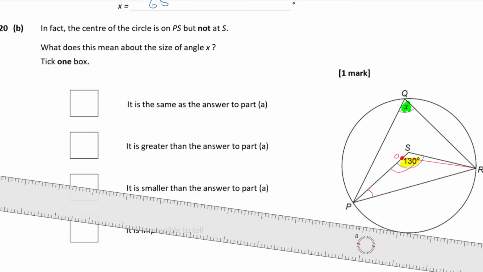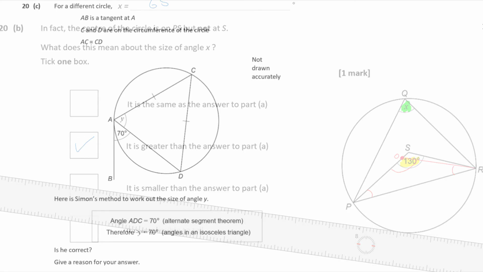O is moving along SP, but the angle between P and S and P and O is going to be the same. So this angle stays the same, but this angle over here, can you see it's getting smaller? So that angle down there at R is getting smaller, and therefore the angle up at O is definitely getting bigger. So if that angle is bigger than 130, then X must also be bigger than it was before, because it's still half of that bigger angle in the center. So I think it is going to be greater than the answer to part A.